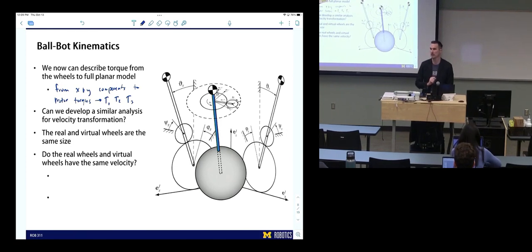Aren't they acting in different directions? They're acting in different directions, they're in different locations, and they split the motion across the 2 planes, whereas each of the virtual wheels only does 1 plane at a time. So we'll say no. Orientation of the wheel affects its velocity.